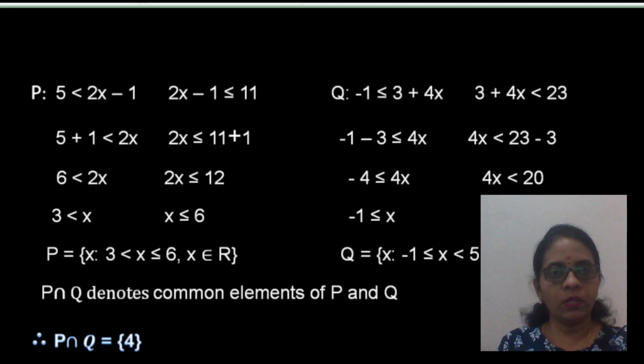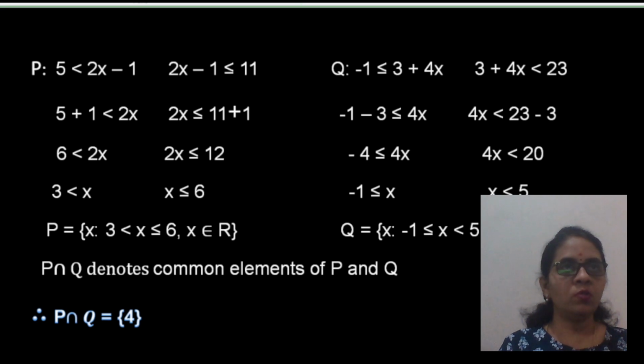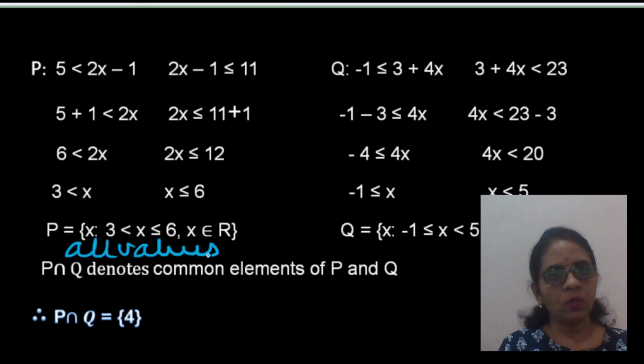So this is the solution we got just now. P intersection Q denotes the common elements between P and Q. So what are the common elements of P and Q? Here you have all values between 3 and 6. Yes or no?